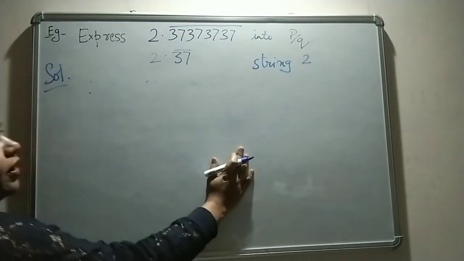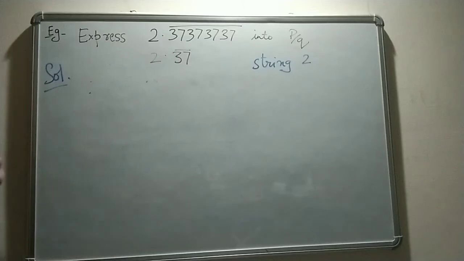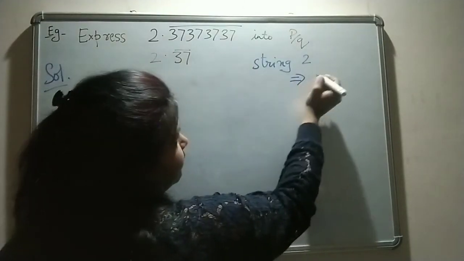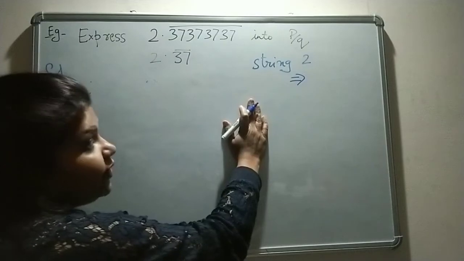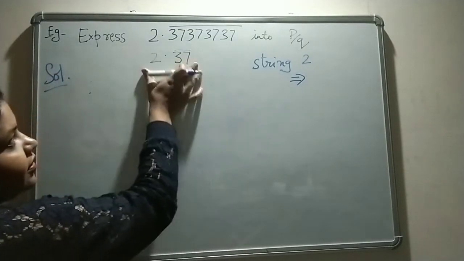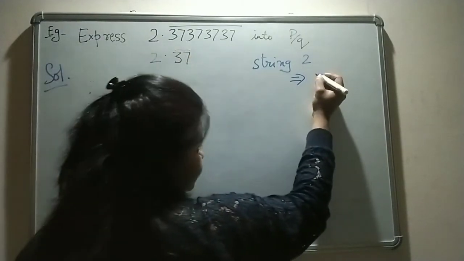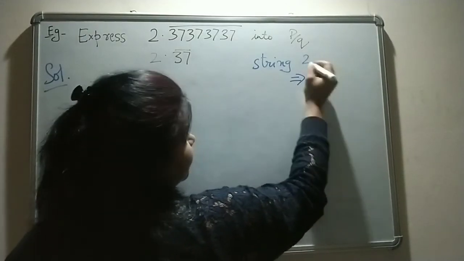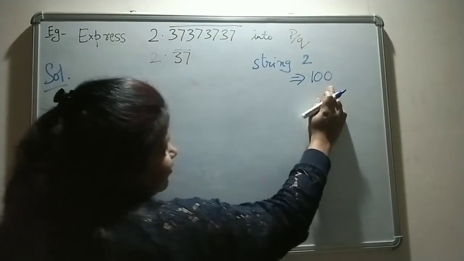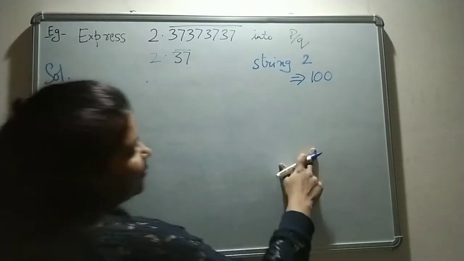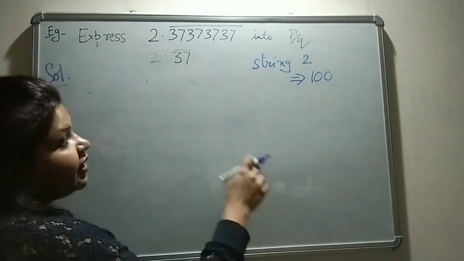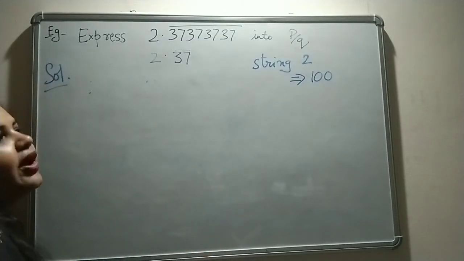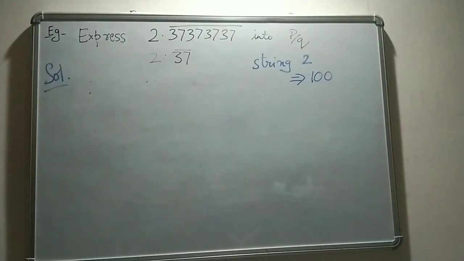So we are going to multiply by 100, not by 10 here. If the string has 2 digits, we multiply by 100. If it has 1 digit, we multiply by 10. If the string has 3 digits, we multiply by 1000. Remember this one thing in your head. So let's get started.